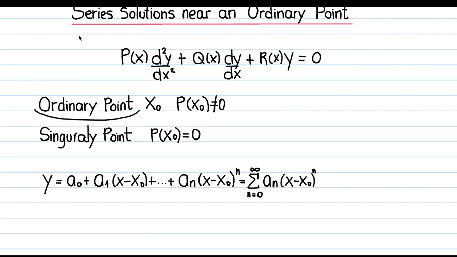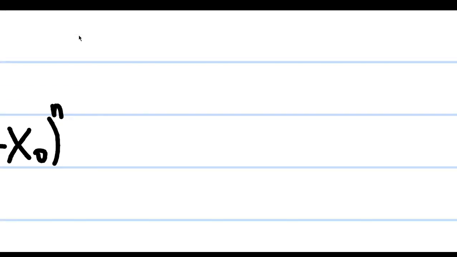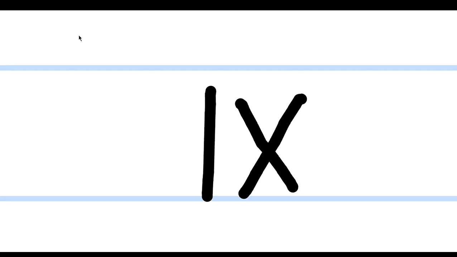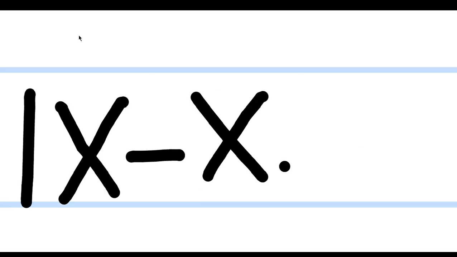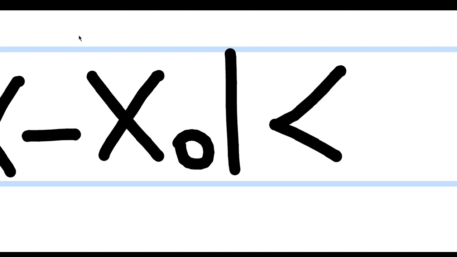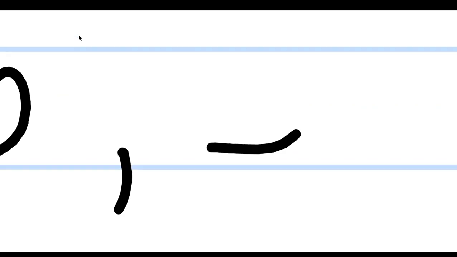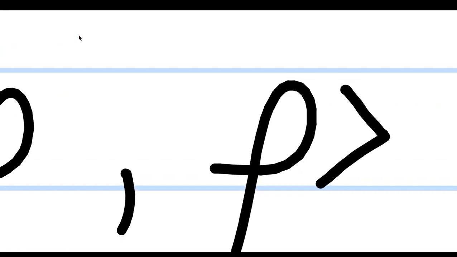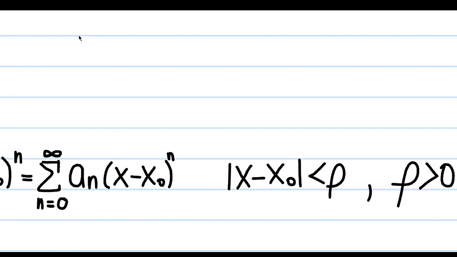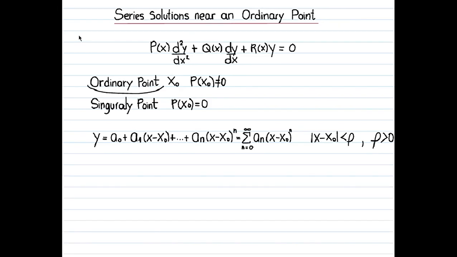And we assume that the series converges in the interval modulus of x minus x sub 0 less than rho, where rho is the radius and rho is greater than 0. Well, I'm going to do an example.